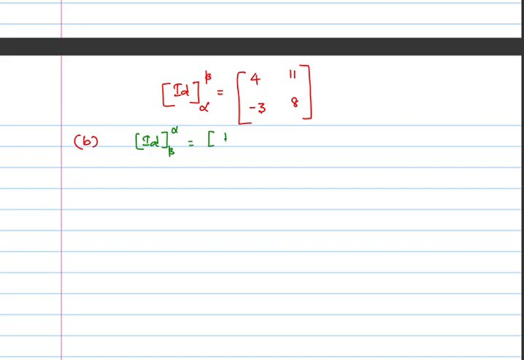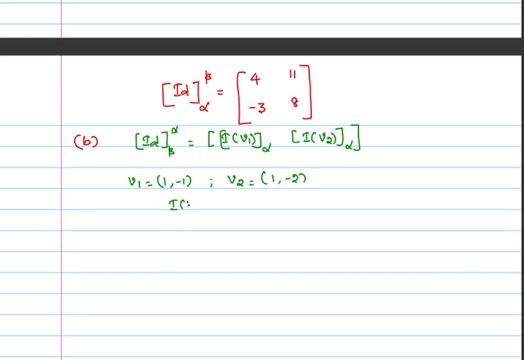Your domain is V1, V2, and you want to represent their coordinate vectors with respect to alpha. V1 is (1, -1), V2 is (1, -2).